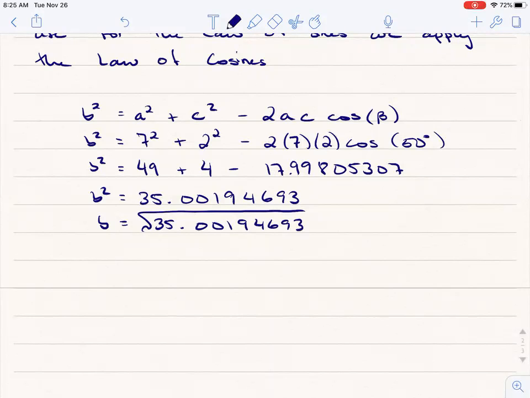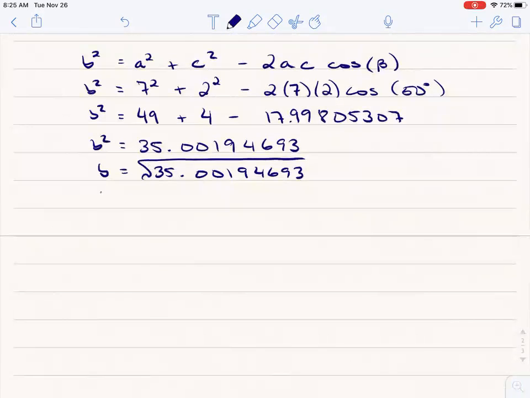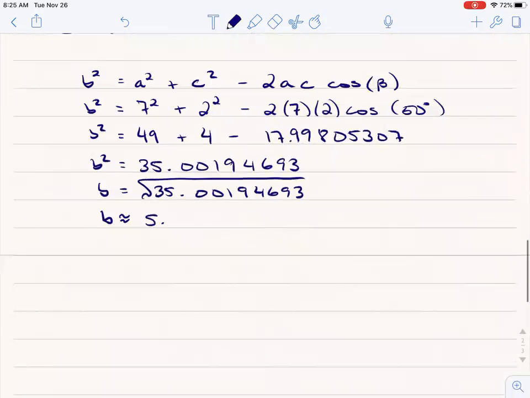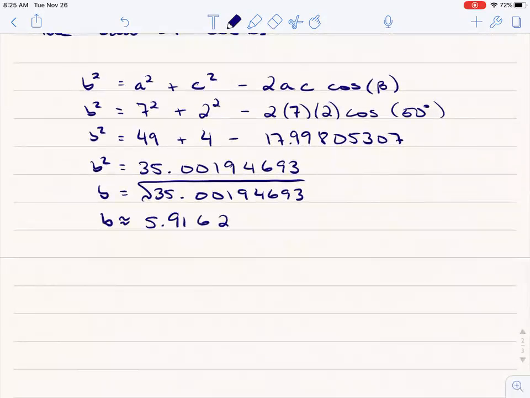So square root that previous answer. B is roughly 5.916244326.